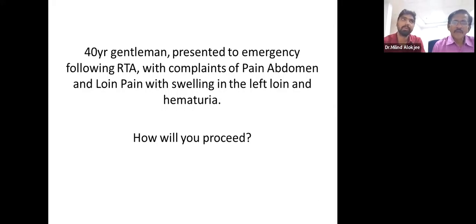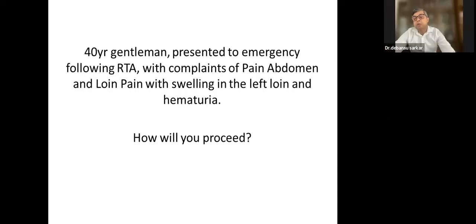And after that I'll go for palpation, whether I can examine the swelling, whether it is tender, and then I'll look for the vitals. What is the general condition of the patient? If the patient is unstable, then what are the pulse rate, BP, saturation?